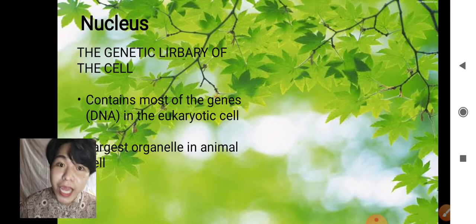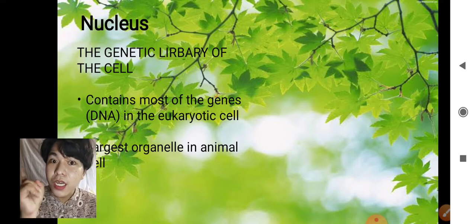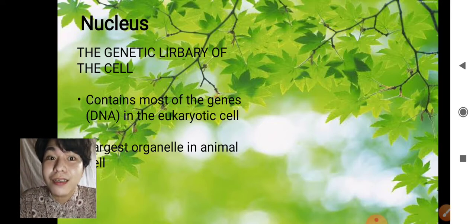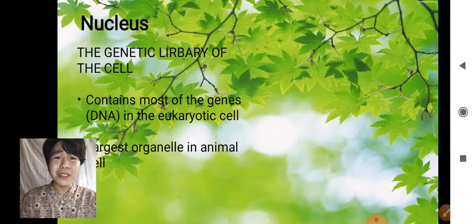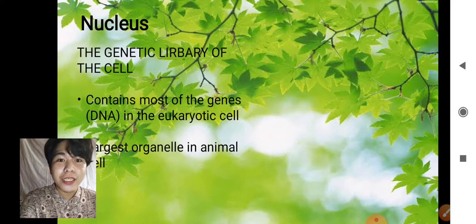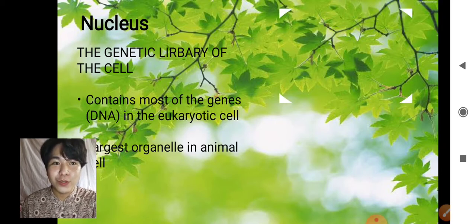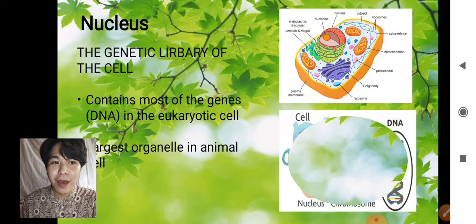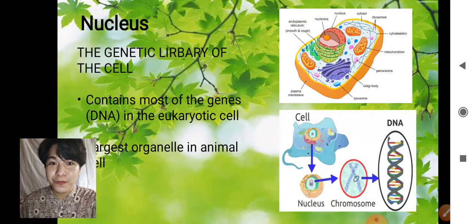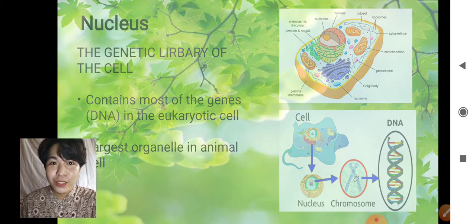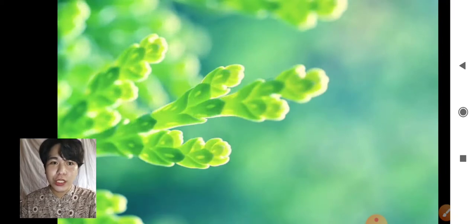The DNA. What is the meaning of DNA? Deoxyribonucleic acid. And trivia, you know what? The nucleus is the largest organelle in an animal cell. We have some examples here. So, we are done with the nucleus.